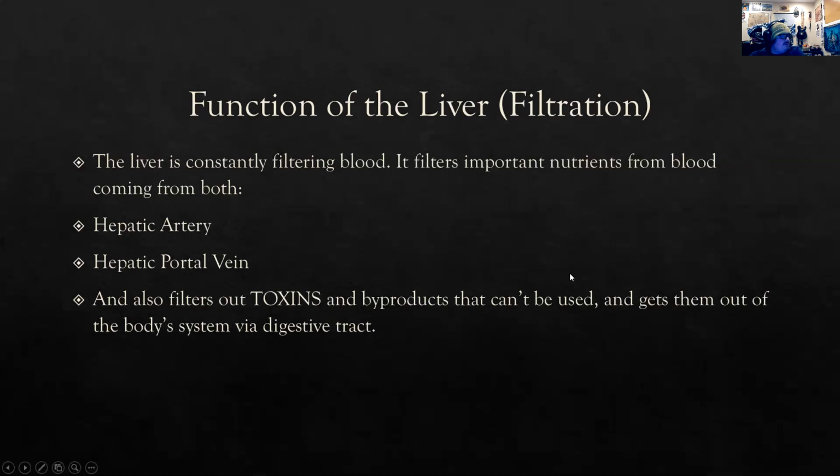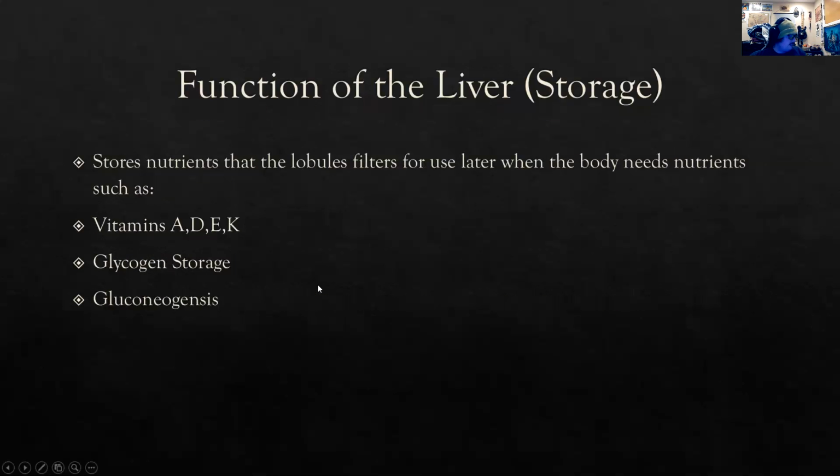It's pretty important. One of the major toxins to think about with liver function is alcohol, and ethanol is one of the major toxins in alcohol that we can see in tests. The ethanol is processed in the liver over time and excreted out of the body, so that we can maintain homeostasis. Storage.